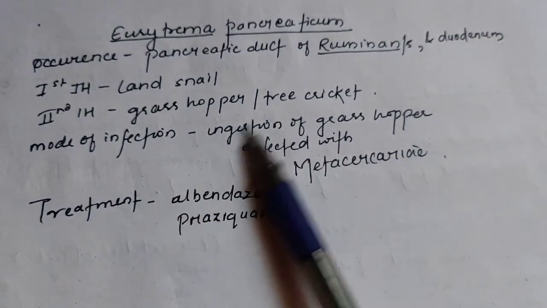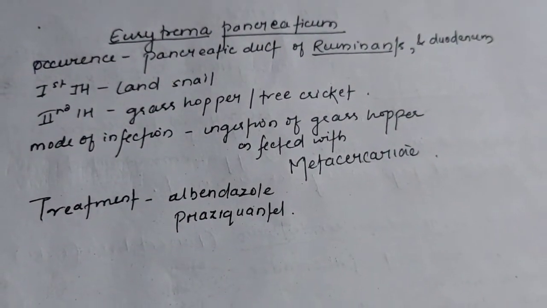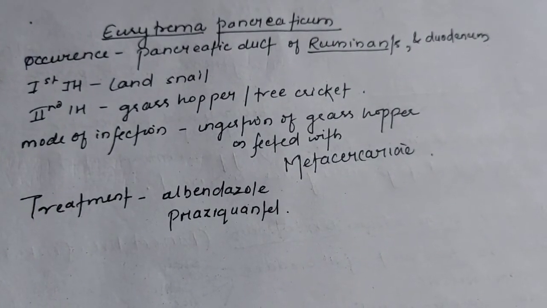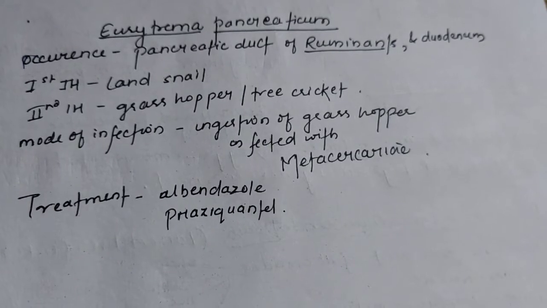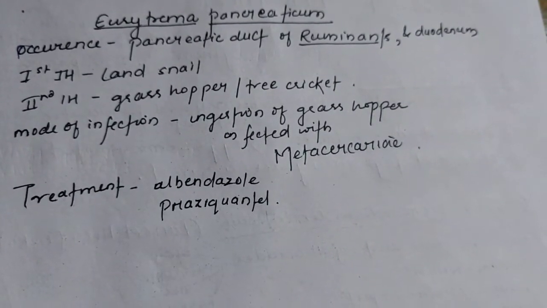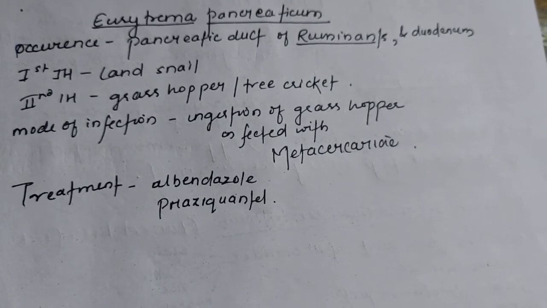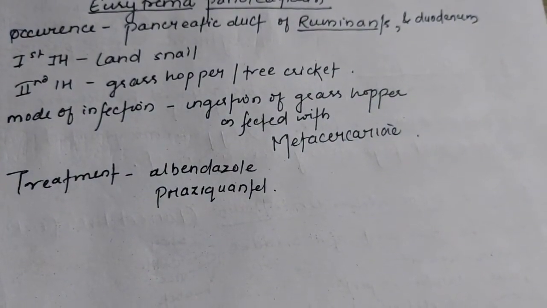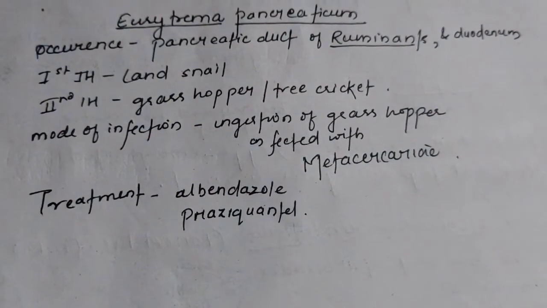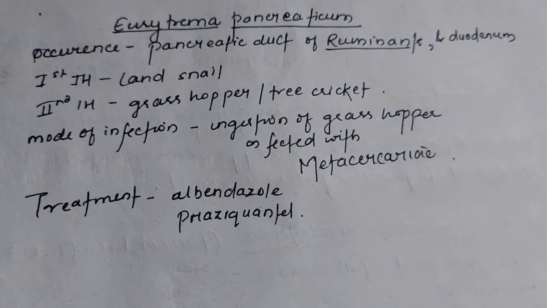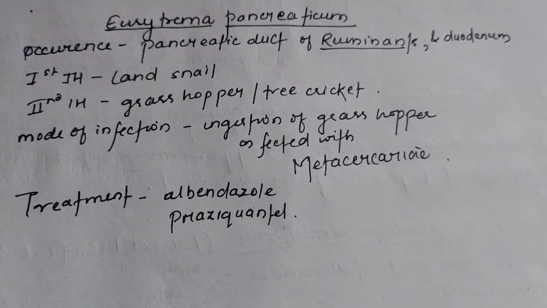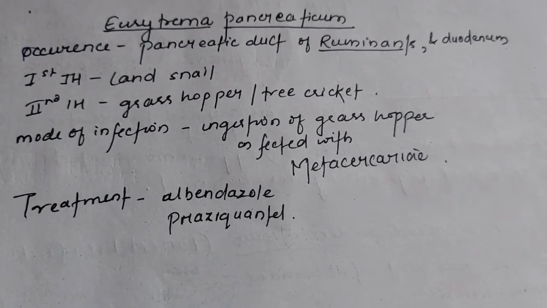The first intermediate host of Eurytrema pancreaticum is the land snail, and the second intermediate host is the grasshopper, also known as the tree cricket. The mode of infection is through the ingestion of this grasshopper, which is infected with metacercariae of Eurytrema pancreaticum. The treatment of Eurytrema pancreaticum includes albendazole and praziquantel.